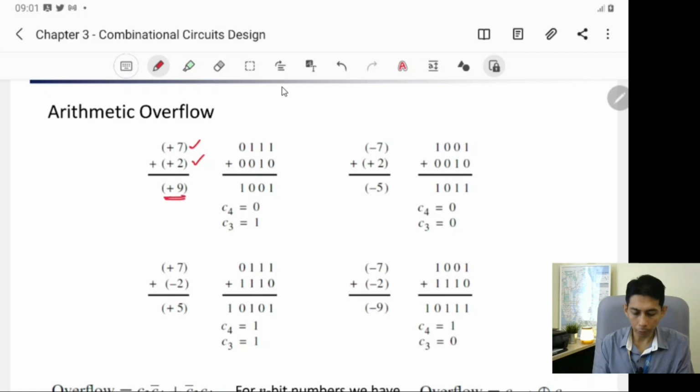And positive 9, we know that this is overflow, because positive 9 is more than 7 already. Overflow in computer or digital systems, we normally refer to as V. In this case, V should be equal to 1, meaning that overflow occurs.